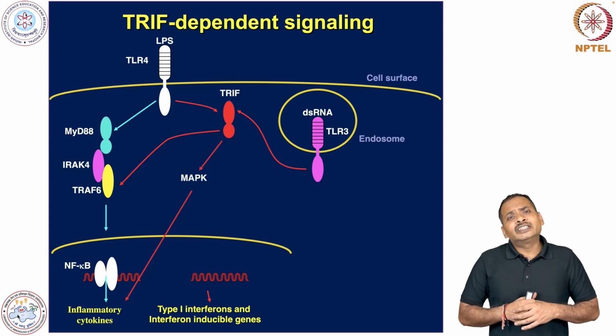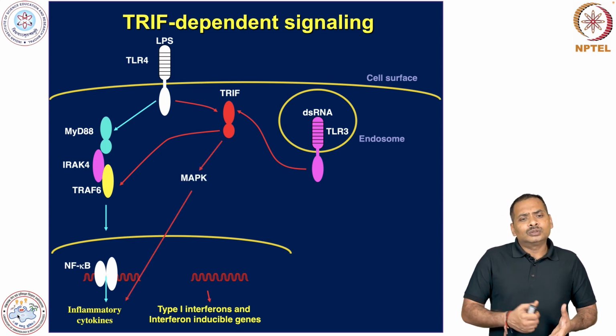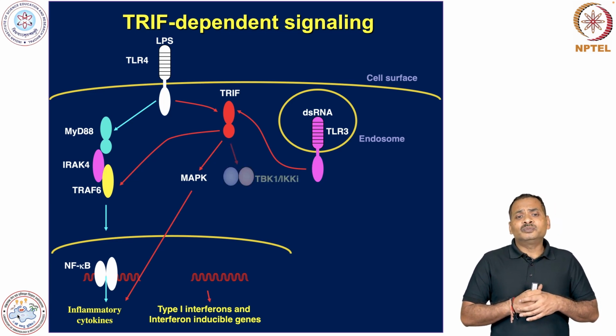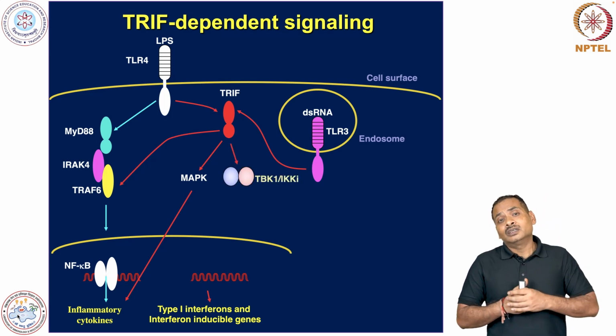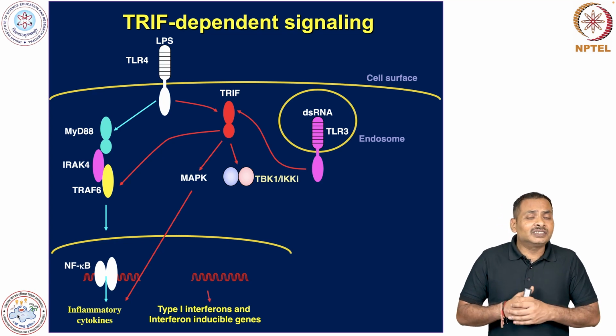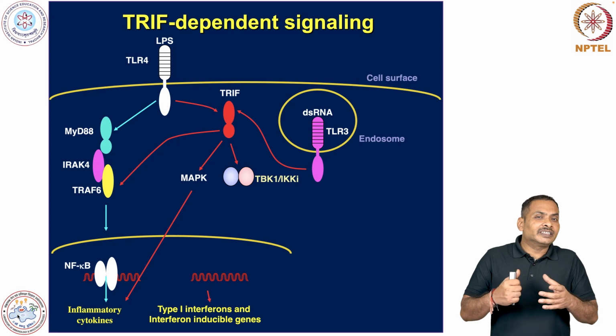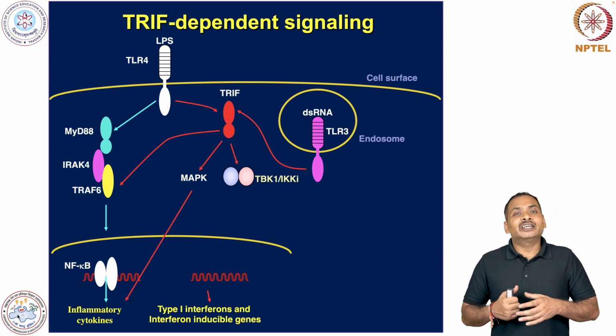TRIF can also activate the MAP kinases in order to synthesize the pro-inflammatory cytokines, and TRIF basically activates a kinase which we call TBK1 or IKKi. IKKi is also known as IKK epsilon.